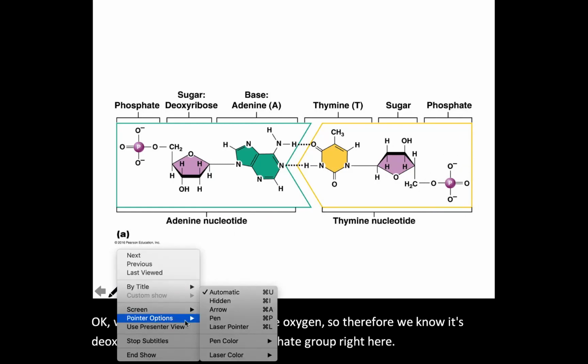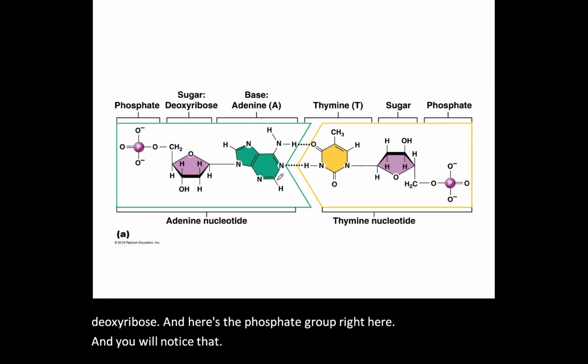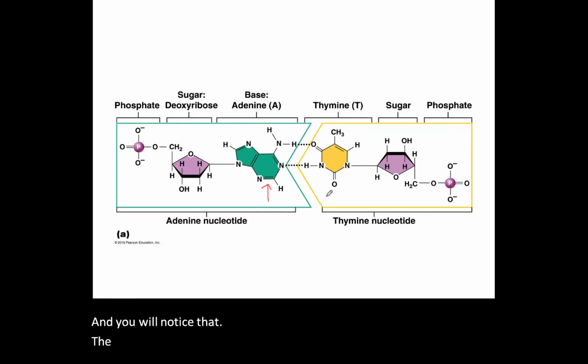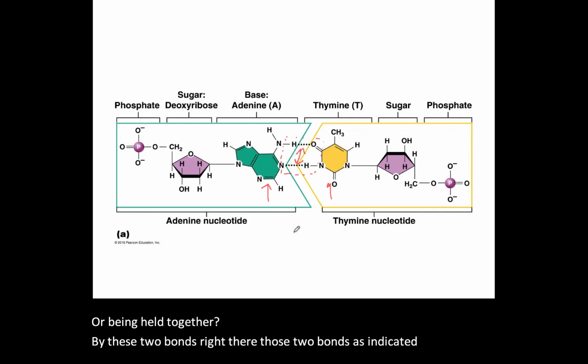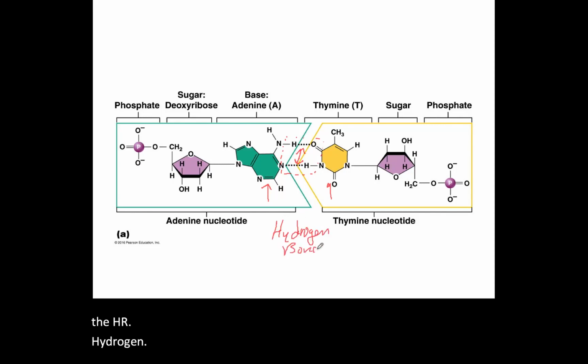And you will notice that the adenine and the thymine are being held together by these two bonds right there. Those two bonds, as indicated by the H and the H, are hydrogen bonds.